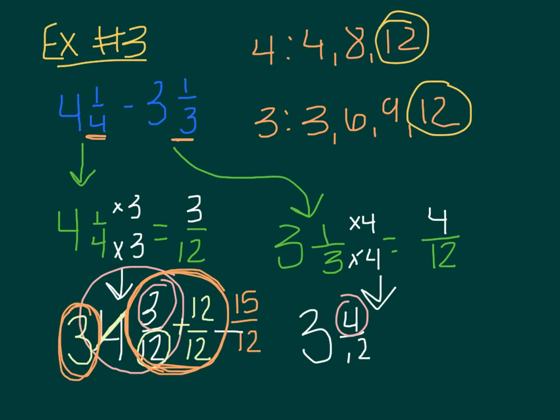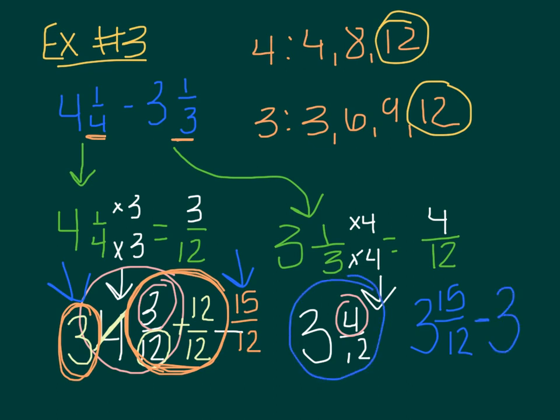So I'm just going to put that together, and I'm going to do it over here on the end. So I take my whole number 3 and put it with the fraction, 15/12. Now I can subtract my second number, which was 3 and 4/12.